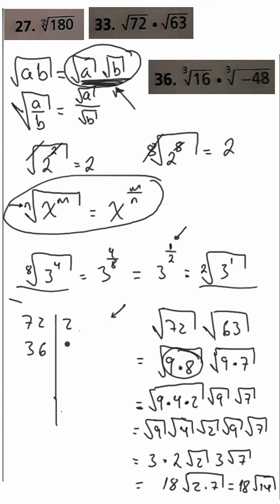This would be 36 half, 18 half, 9 third, 3 third, 1. Right. So again, the ones that we care about are the ones that we can pair up. And in this case, it's because we have a square root. So if there's a 2 over here, then we are interested in the powers of 2.